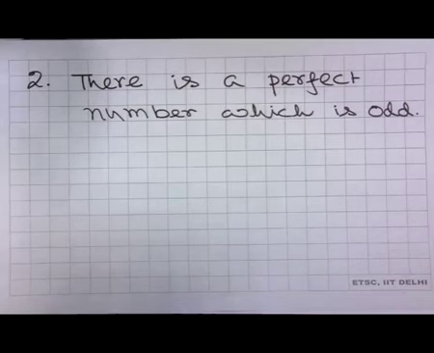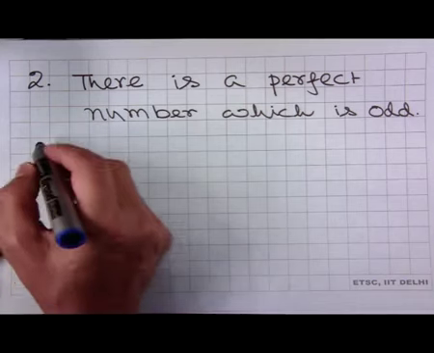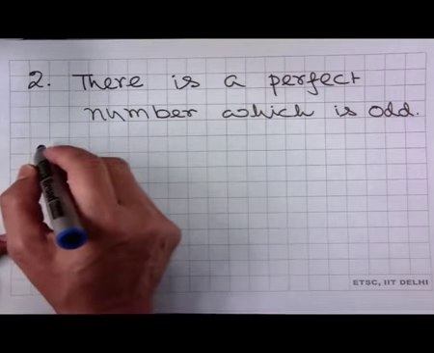Consider now the second problem. There is a perfect number which is odd. I hope all of you know what a perfect number is, but still let me give you a brief introduction.